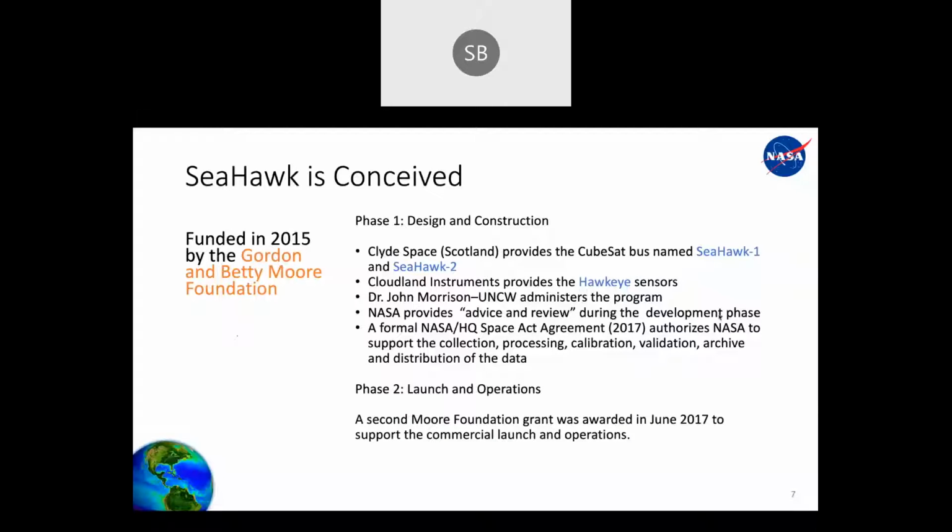And then we have to launch it. So the funding we received from the Gordon and Betty Moore Foundation in 2015 provided for the first part. Once we demonstrated we had an instrument and we had a spacecraft that it could fly upon, we were given an additional grant in 2017 to support the commercial launch and operations of this platform.